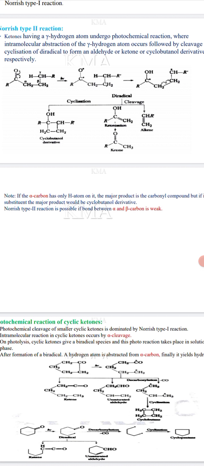This 1,4 biradical which has formed, instead of going for cleavage to form ketone and alkene, can undergo cyclization to form a cyclobutanol derivative. So there are two processes which happen in this Norrish type: one is cleavage of the 1,4 biradical, another one is cyclization, forming a cyclobutanol.